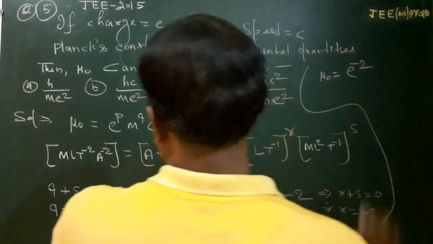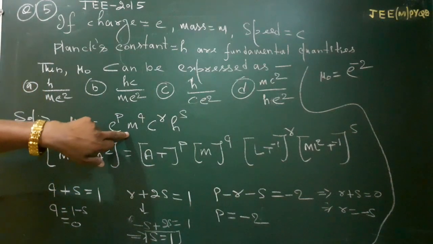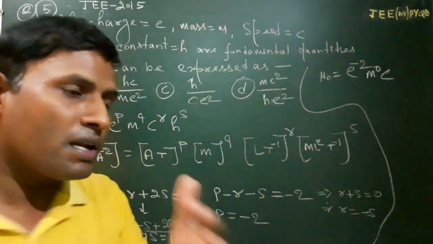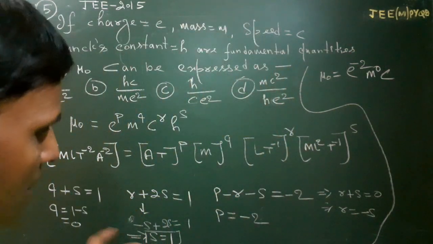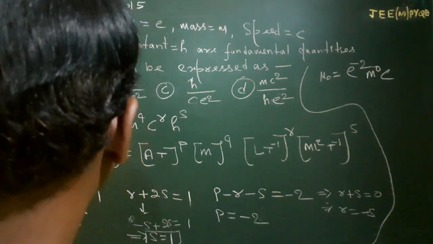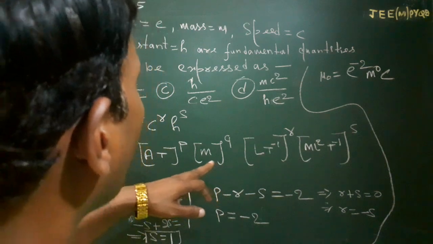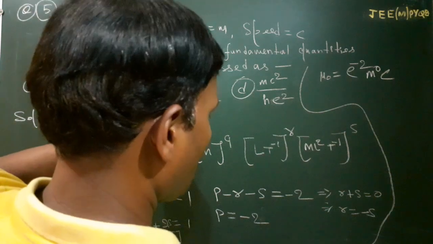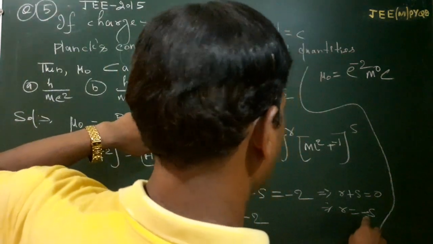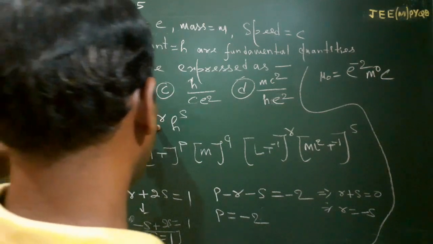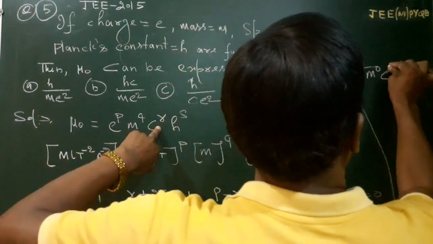M to the power Q is M to the 0. C to the power R, and R is minus S, so minus 1, C to the minus 1.